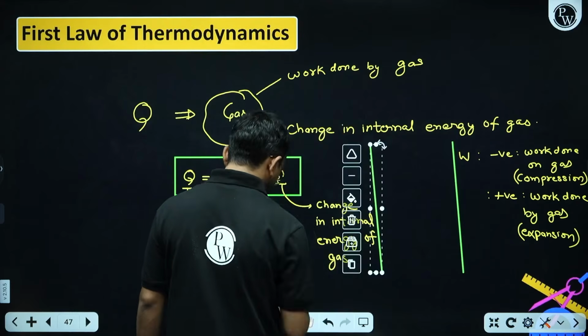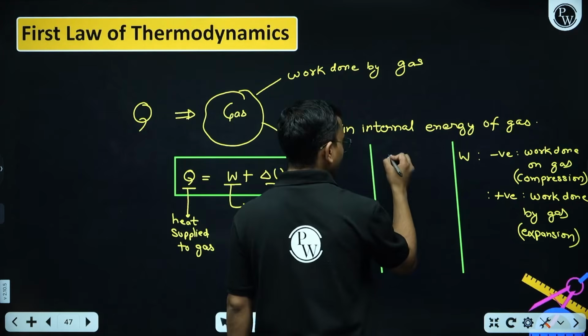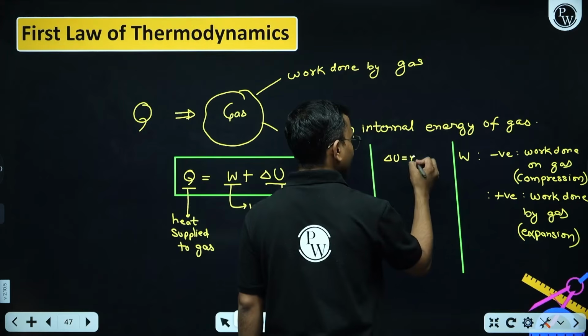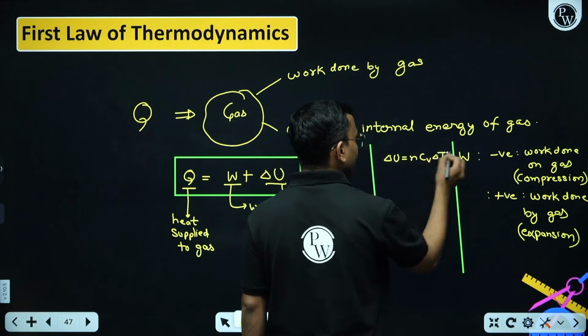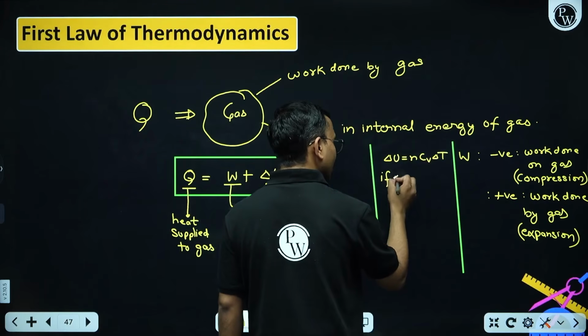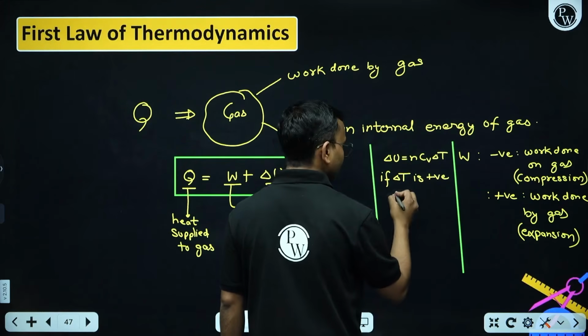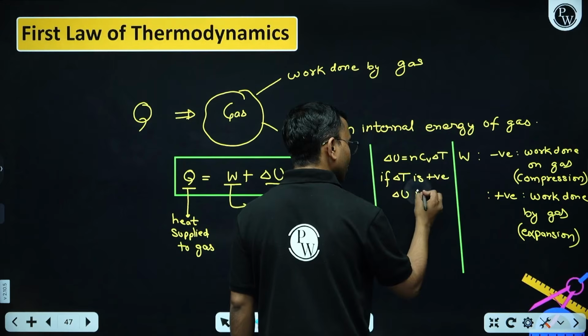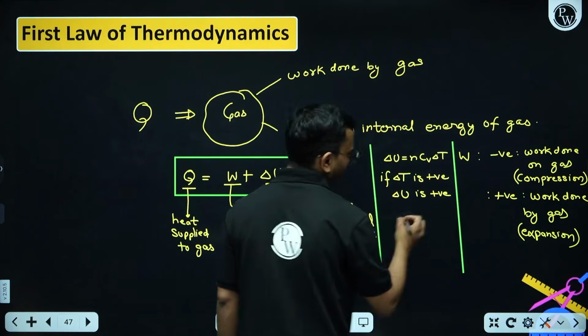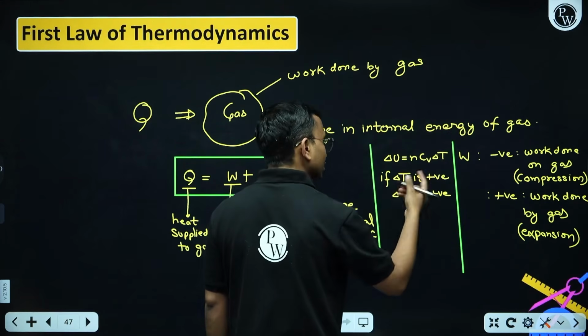So my delta U is nCv delta T. If delta T is positive, delta U is positive. It means if temperature increases, U increases.